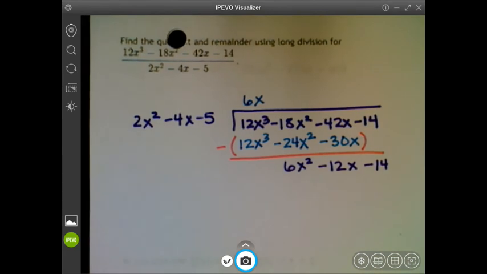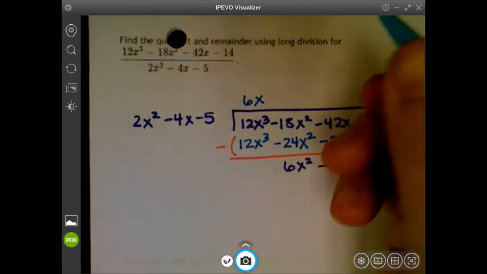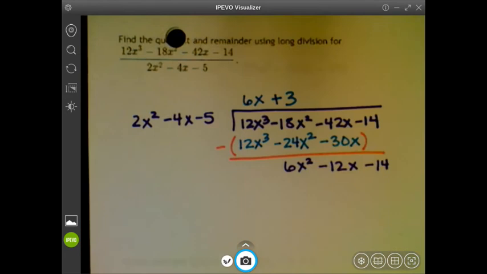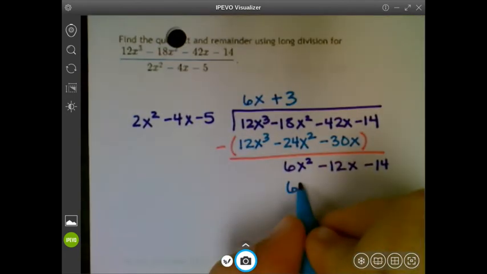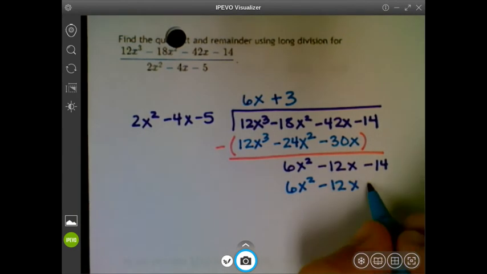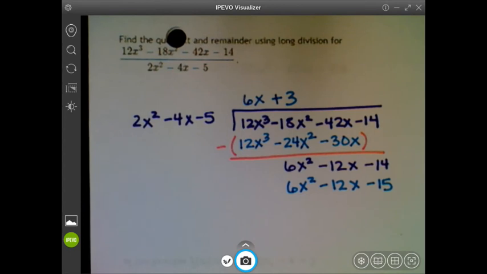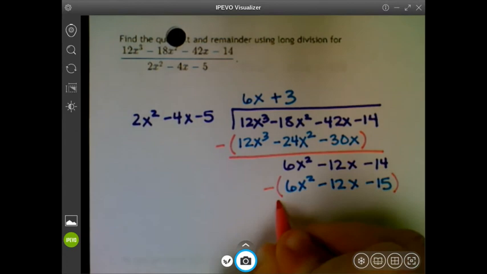And then you repeat. So 2x squared times what is 6x squared? Well, that would be times a 3, positive 3, so plus 3. And then go ahead and multiply. We'll have 6x squared minus 12x minus 15. And remember, we have to subtract all of these terms. So we're going to put it in parentheses, subtract.